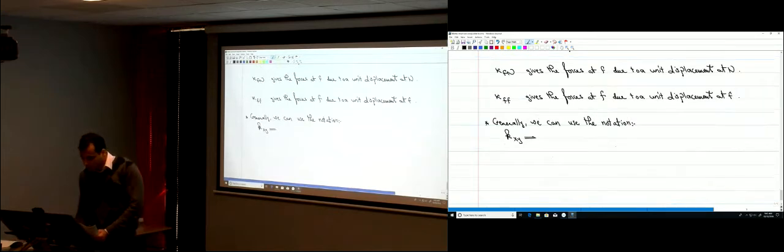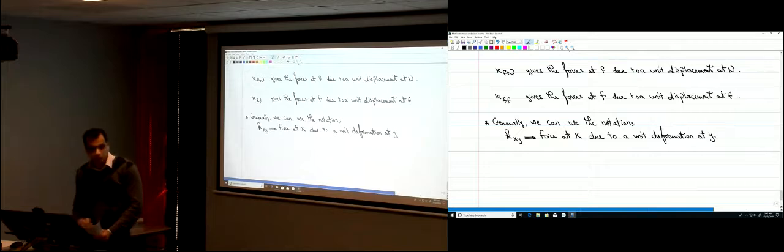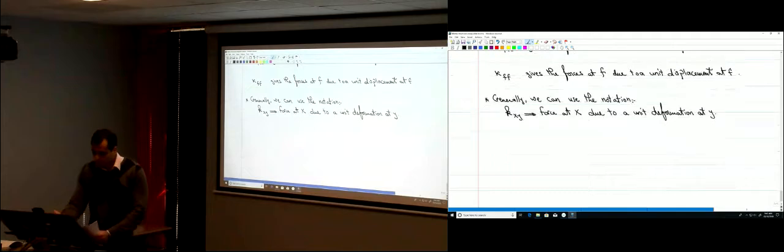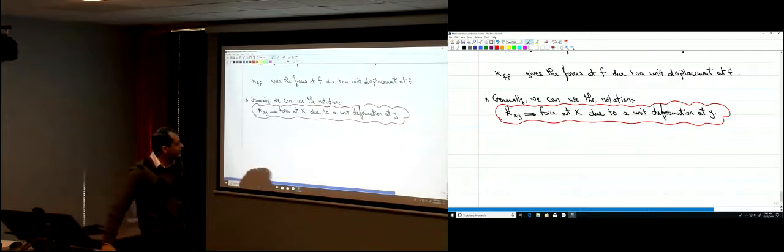It's the force at X due to a unit deformation at Y. So this is the general notation that we're going to use. Kxy is the force or the stiffness element that relates the force at X with the deformation at Y.